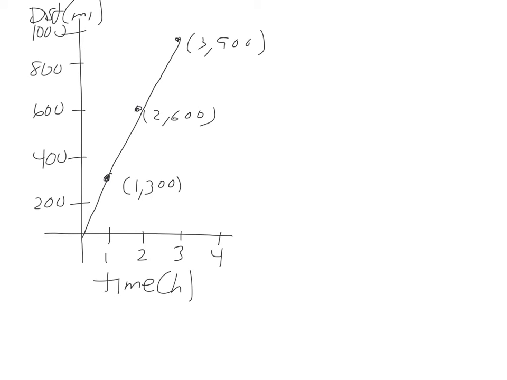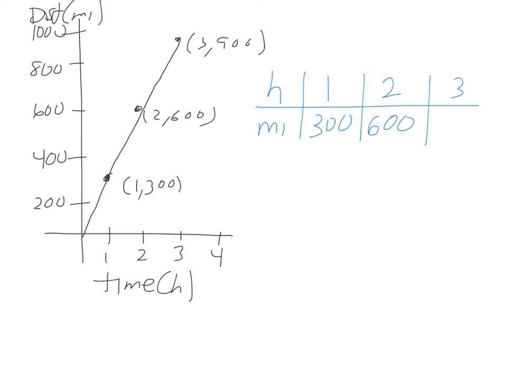Okay, so the line, got distracted there. The line goes through the origin, so it is proportional, which is nice, but I want to know what is the constant rate of change. So if I was going to look at the graph, what I might do is make a table of hours and miles and write down my ordered pairs. 1 hour is 300 miles, 2 hours, 600 miles, 3 hours, 900 miles.